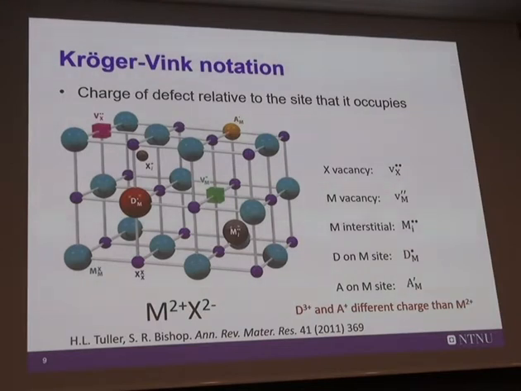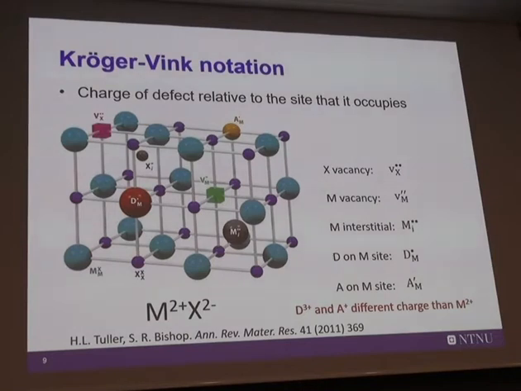If you have a donor on the M site, again you get a donor positively charged relative to the M, and an acceptor on the M site, A, with a negative charge relative to the normal lattice site. All these defects are now illustrated in this rock salt structure where you can see all the different types of point defects in the lattice.